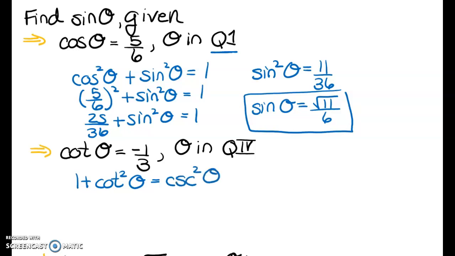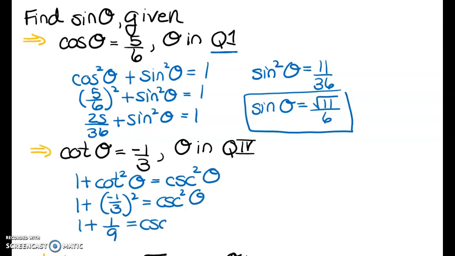So I'm going to use that, because if I solve for cosecant, then I can find sine by taking the reciprocal. So I'm going to plug in the value for cotangent. And when I square that, I get 1/9. And when I add the two, I get 10/9 equals cosecant squared of theta.